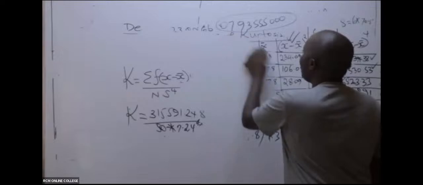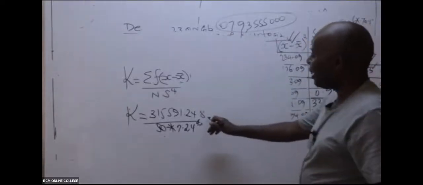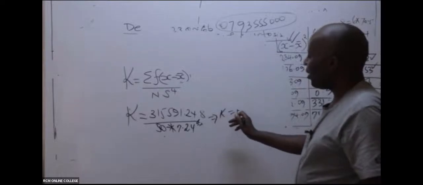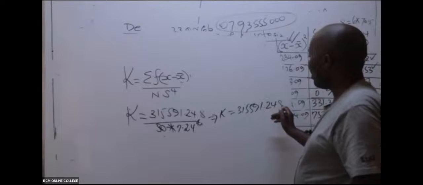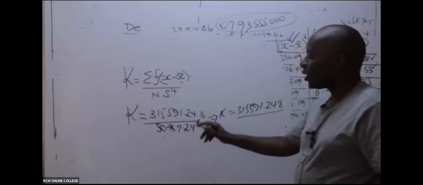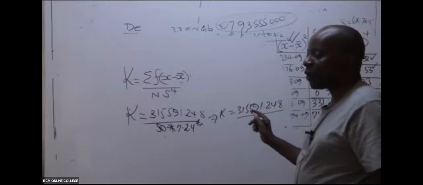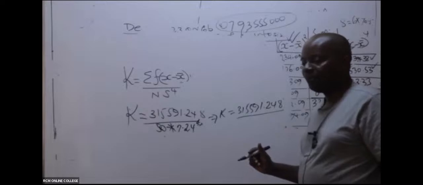First of all, take care of your denominator separately. So K will be equal to 315,591.248 divided by 50 times 7.24 raised to power 4. Is there somebody who can give me this figure?